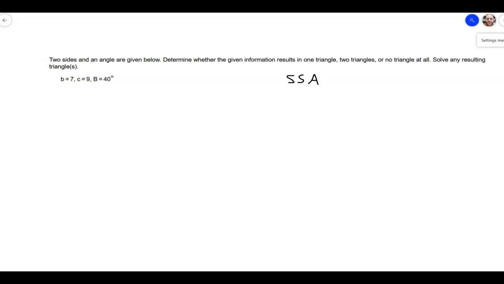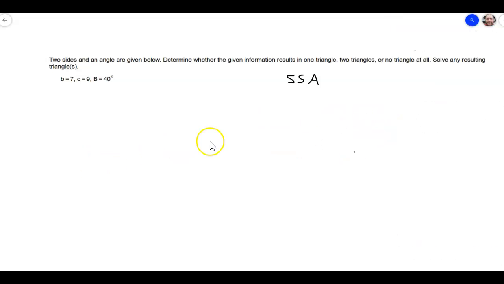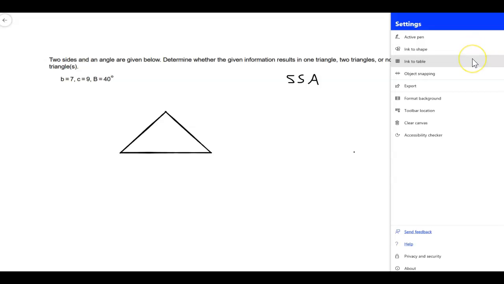So in order to set this up, the way I like to do it, and the way that the book does it as well, is we're going to just make an ambiguous triangle here.